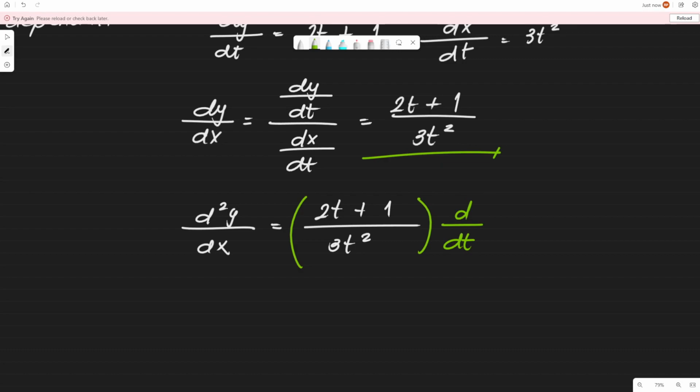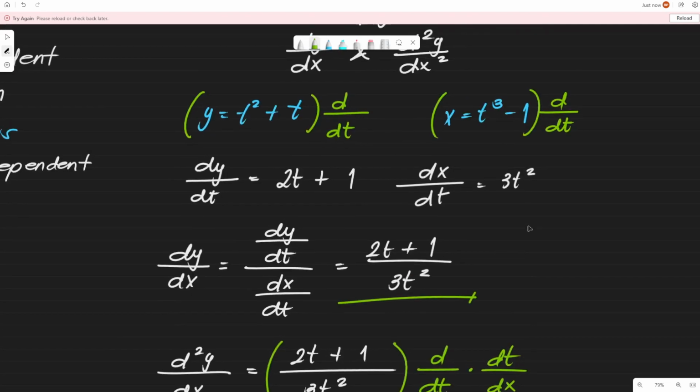But be careful not to forget the next step, because you might get carried away thinking you only need the second derivative. You still need to multiply by dt over dx. What is dt over dx? That is the inverse of the derivative of x in terms of t.